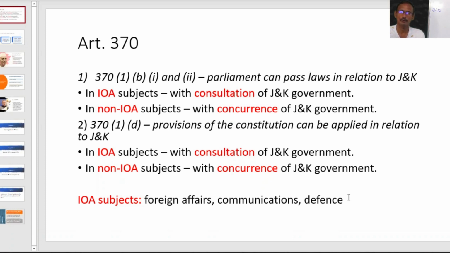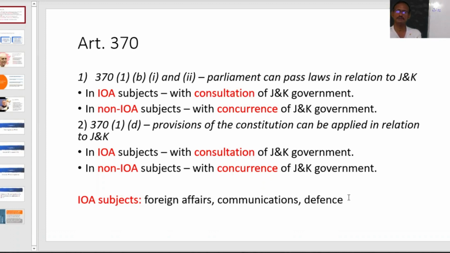370(1)(b) and (1)(c), put together, say Parliament can pass laws in relation to Jammu and Kashmir in IOA subjects with consultation of the Jammu and Kashmir government, whereas in non-IOA subjects with concurrence of the Jammu and Kashmir government.